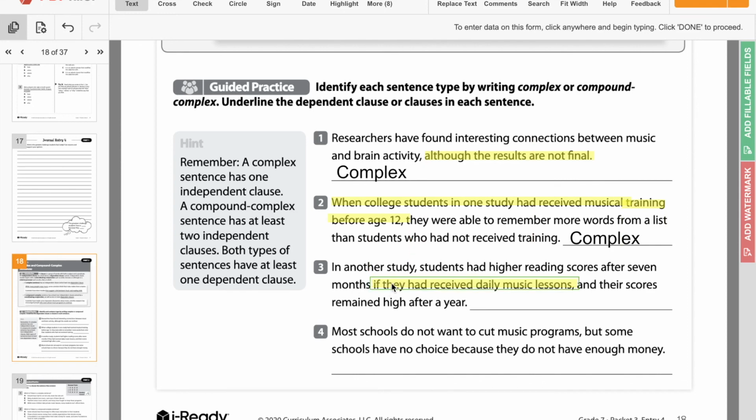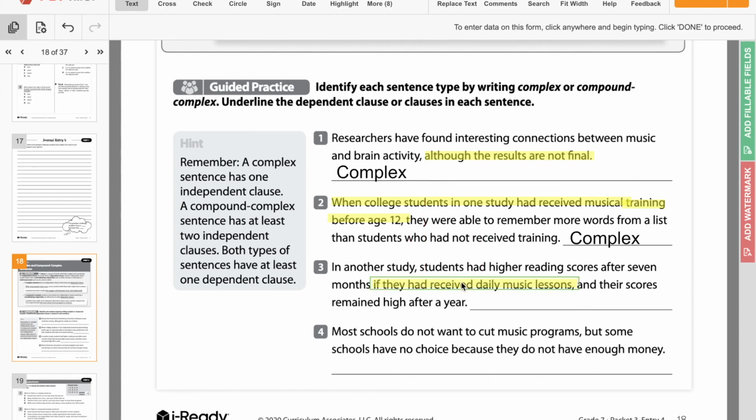Now down here, when they say they, that's a second subject. So we know we're starting a new clause. That's how we separate this from being one big clause versus being one independent and one dependent clause. So if they had received daily music lessons, they is the subject, had is the predicate.